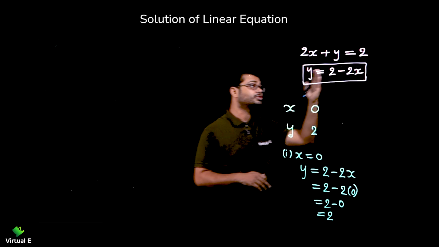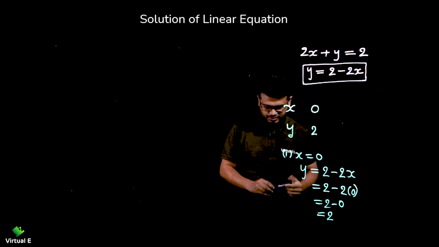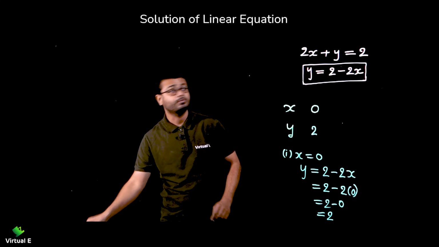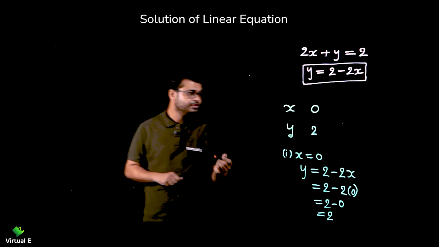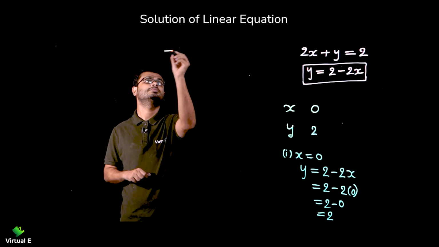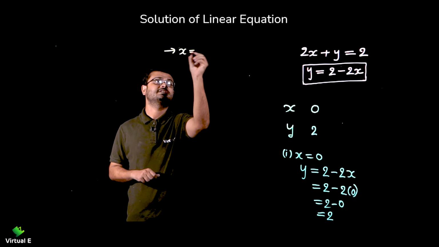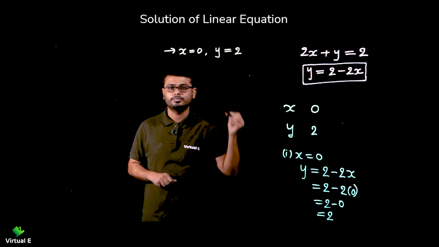If we want to cross-check it for LHS and RHS, let's do that as well, so we'll understand in a better way. For this solution, x is equal to 0, y is equal to 2.